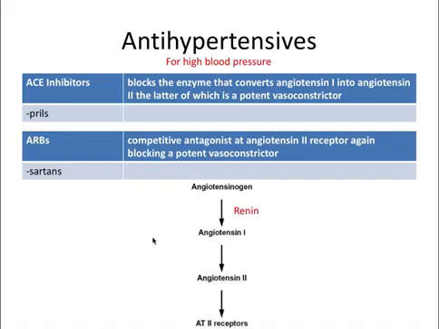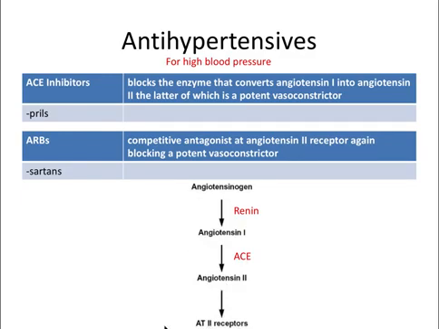Now renin converts inactive angiotensinogen to angiotensin 1 in the liver. From here, angiotensin converting enzyme, or ACE, converts it from 1 to 2. And finally, angiotensin 2 will act at the angiotensin 2 receptors to induce vasoconstriction, which would bring that blood pressure back up.